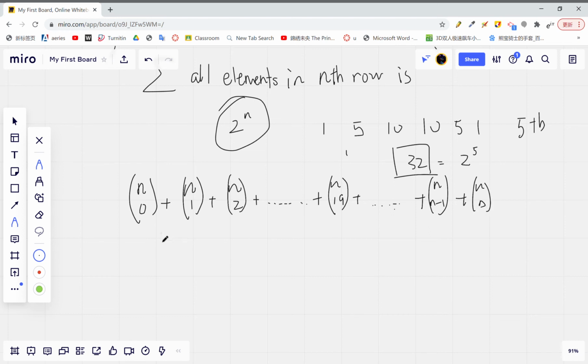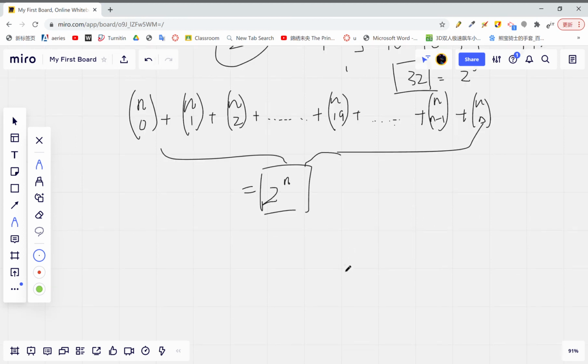This whole term is basically just equal to 2 to the nth power. It's pretty simple, right? This is basically just equal to 2 to the nth power, okay? This is pretty simple.